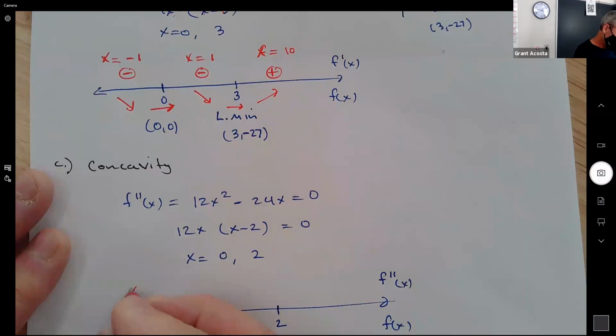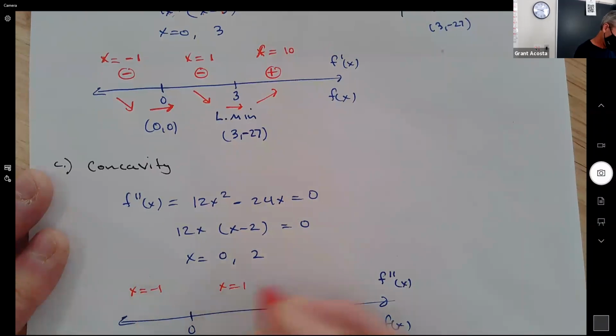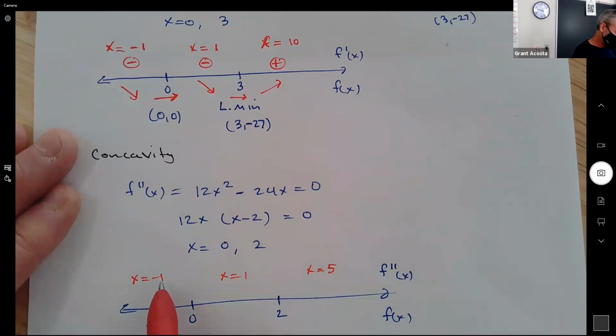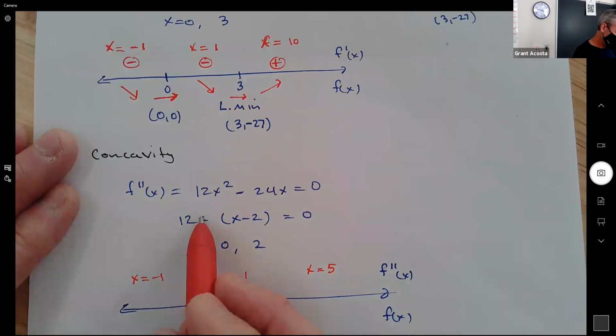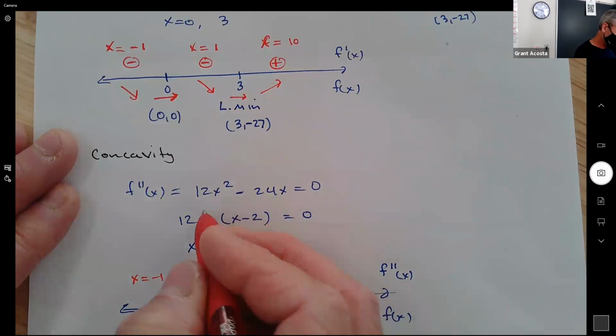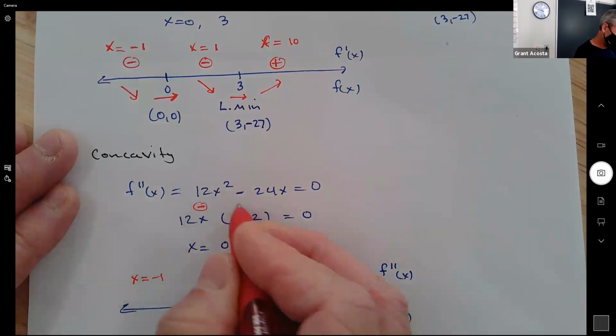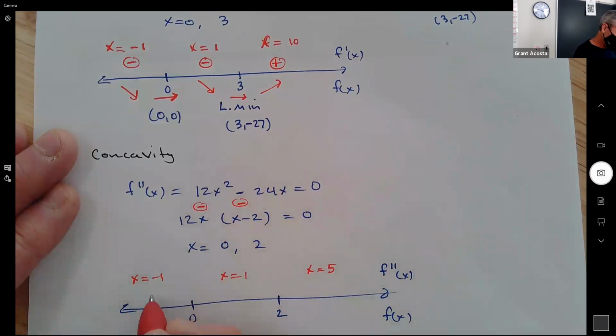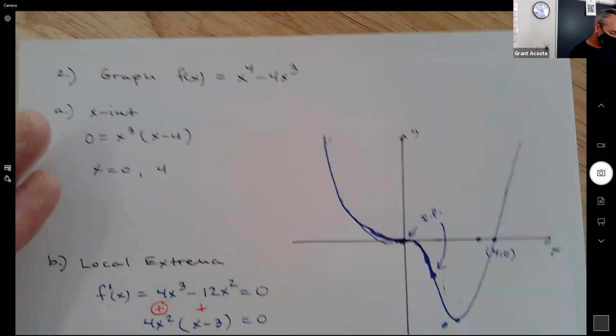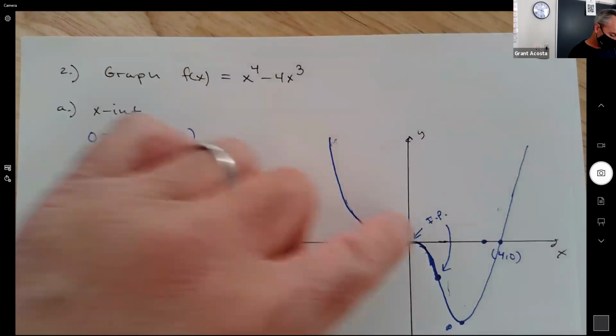Some test numbers. X is -1, that's negative, negative. Okay, that's right. Negative times a negative makes it positive, so that means the graph is concave up from negative infinity to 0. That totally matches up, right? From negative infinity to 0, it's concave up.